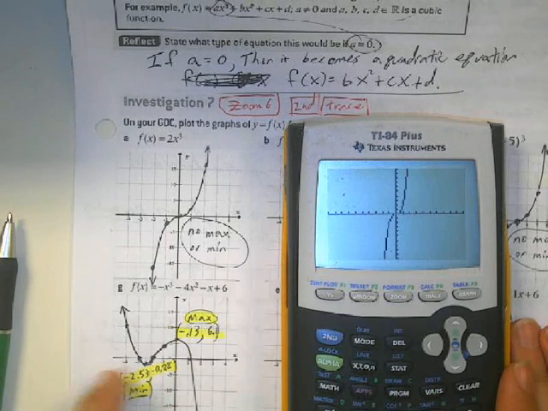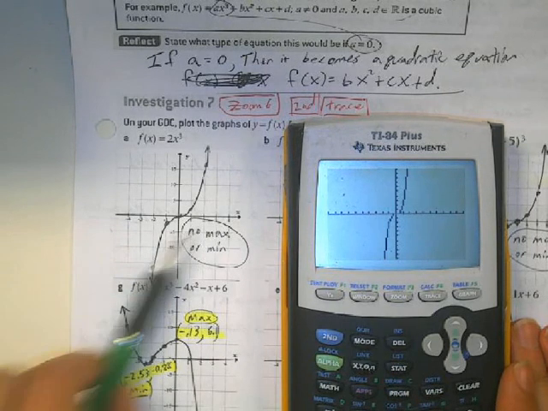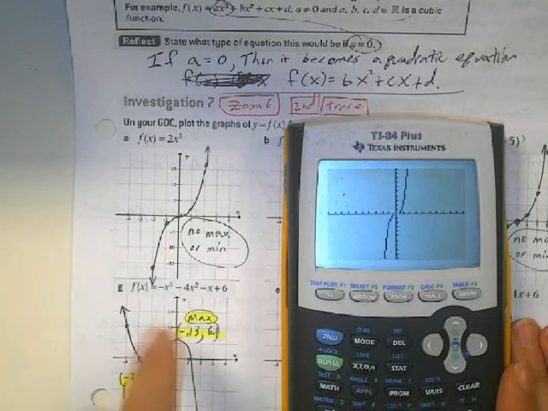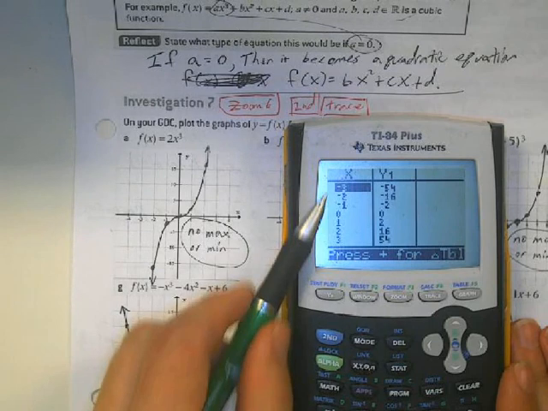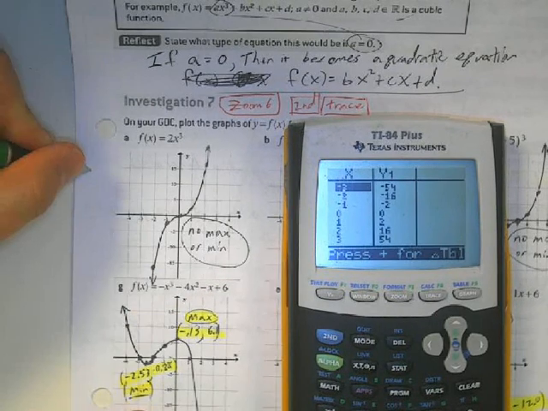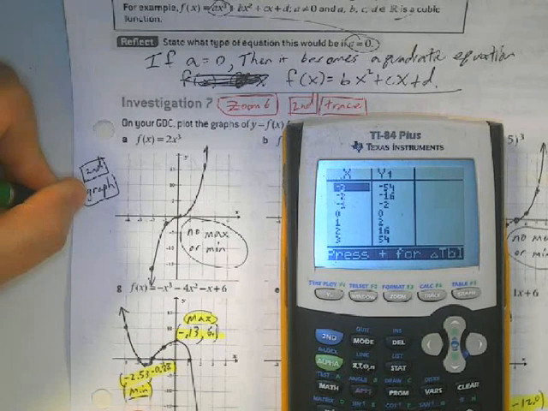Now some people asked, how do I make it perfect looking? If you push second graph, you can get a table.